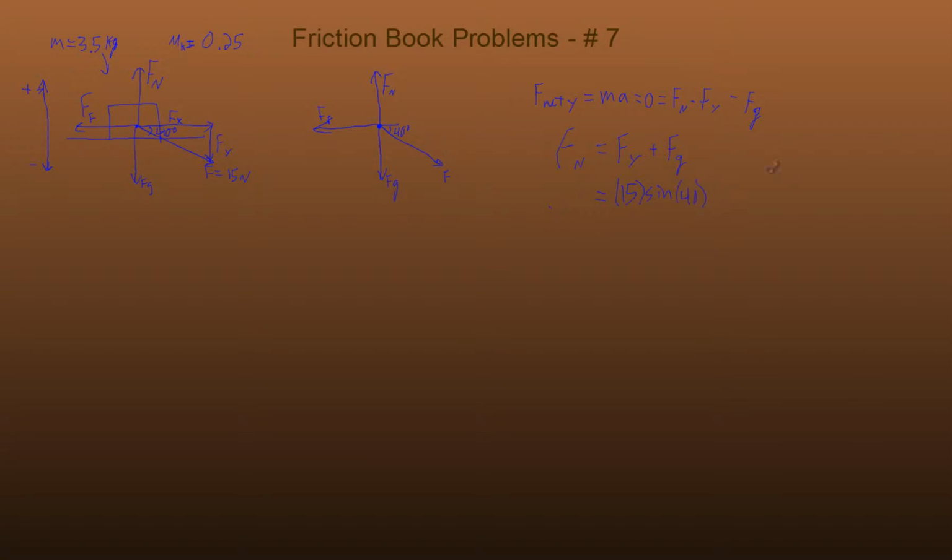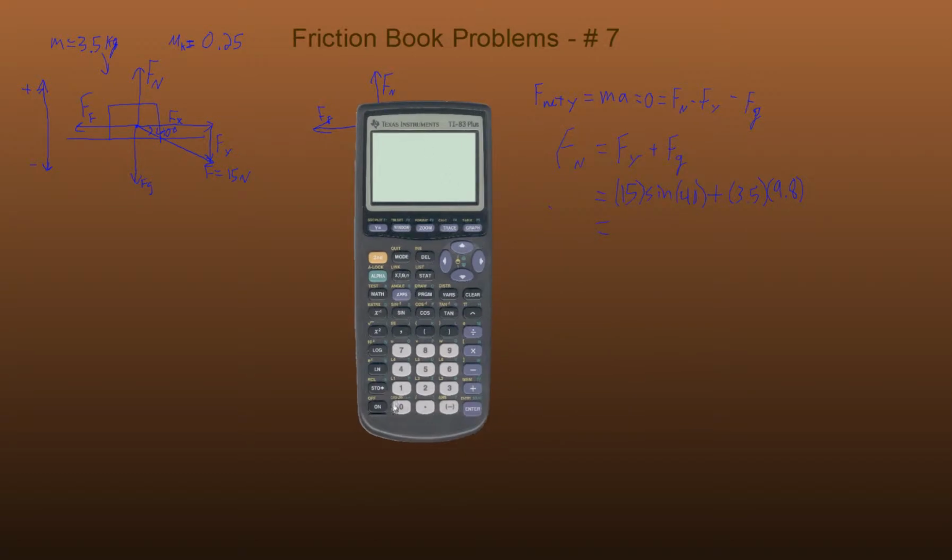Sine 40 plus the mass is 3.5 kilograms times acceleration due to gravity, 9.8 meters per second squared. So this equals, oh, what mode are we in?